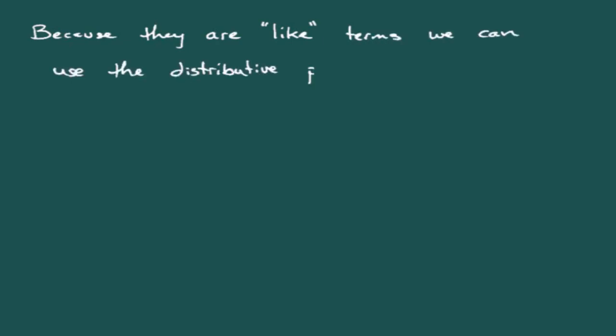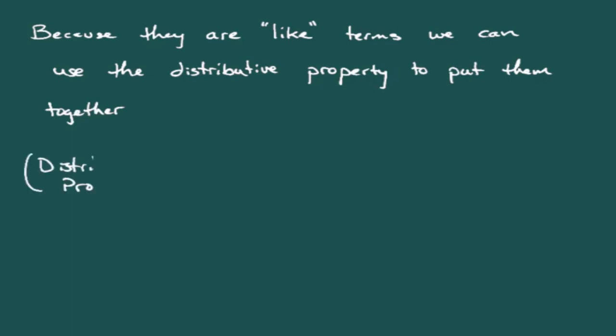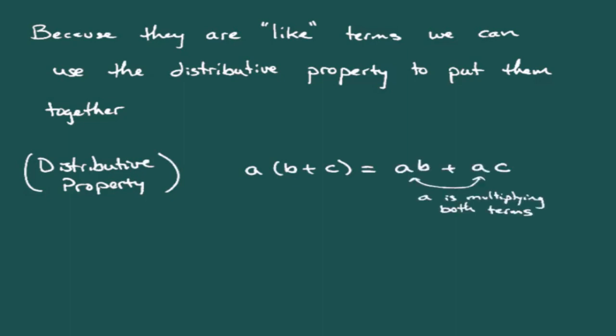And the important thing about them being like terms is that we're able to use our distributive property to put those things together. Now remember what the distributive property said, that if we had A times the quantity B plus C, that was just going to be A times B plus A times C. So we had the A multiplying both of those terms.